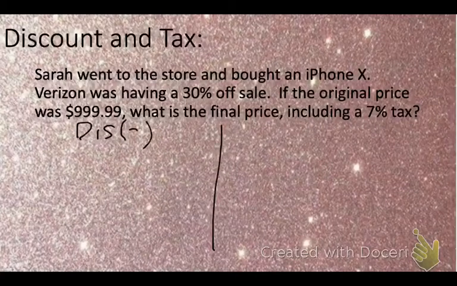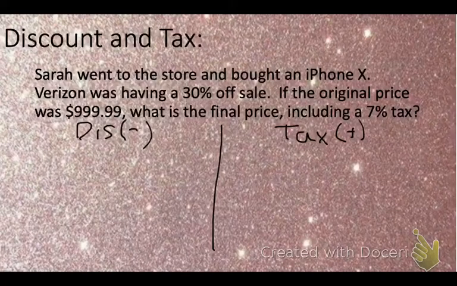And discount is always subtracting, like it's subtracting from the total. You're taking that percentage off so you don't have to pay it. And then we have tax, which is always adding because we don't like tax. We don't like having to pay tax, but we have to pay it, all right? And we always do the discount first and then the tax second.